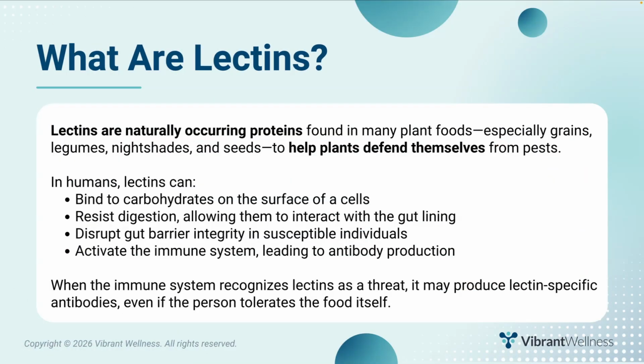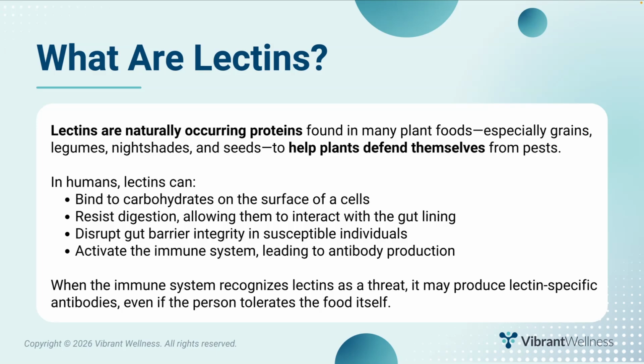But before we go on, what are lectins? Lectins are naturally occurring proteins found in many plant foods, especially grains, legumes, nightshades, and seeds. Their biological role is to help plants defend themselves from pests. In humans, lectins can bind to carbohydrates on the surface of intestinal cells, resist digestion, allowing them to interact with the gut lining, disrupt gut barrier integrity in susceptible individuals, and activate the immune system, leading to antibody production.